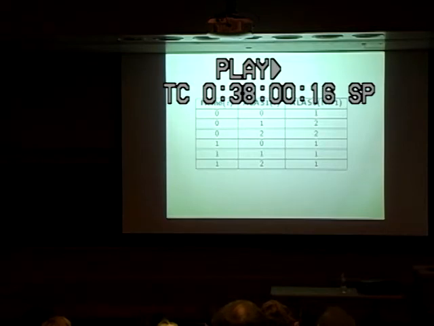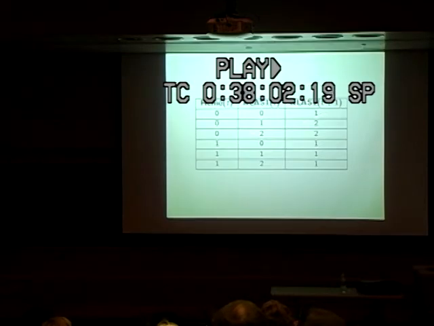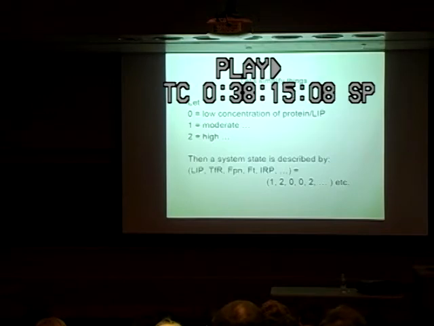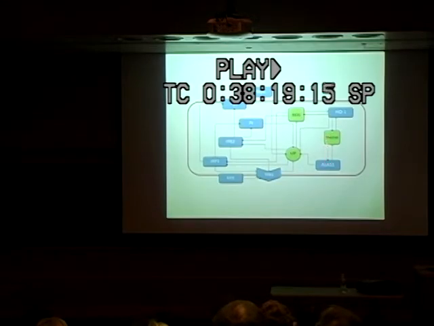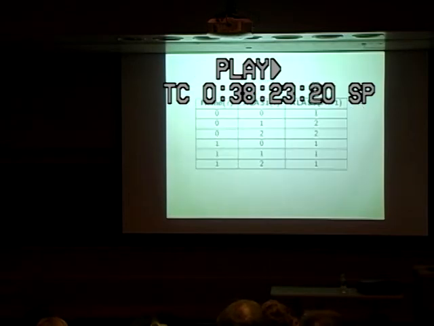And how do I do that? Well, it's biological information, right? If I know that heme is moderate and ALAS1 is high, then ALAS1 will, at the next time step, be moderate because you have a negative regulation from heme to ALAS1. So that's what this table expresses.